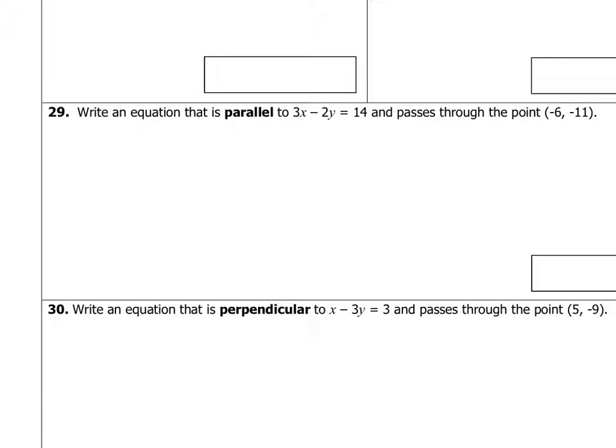So they want us to write the equation of a line that's parallel to this line, but this line's not in slope-intercept form, so let's get it into slope-intercept form. So that would be -2y equals -3x plus 14. We divide by -2.